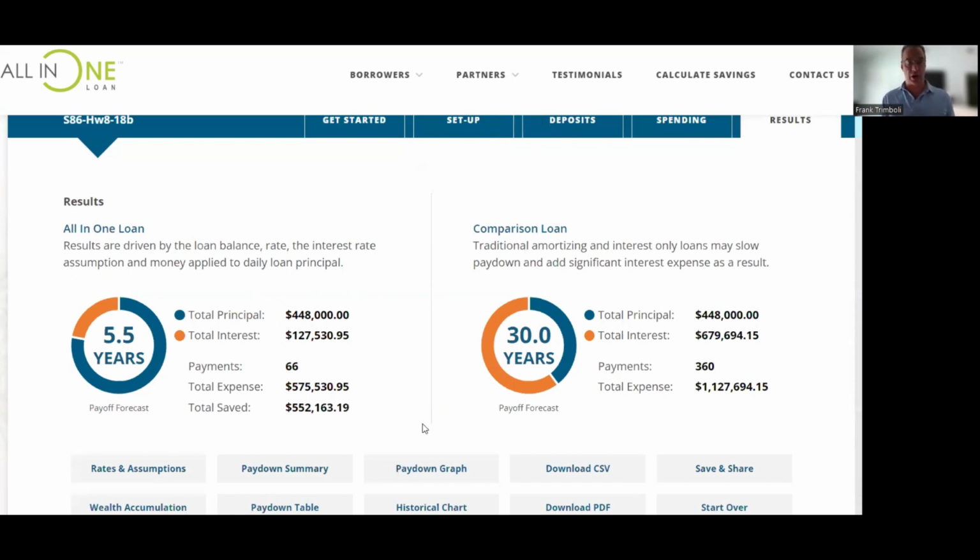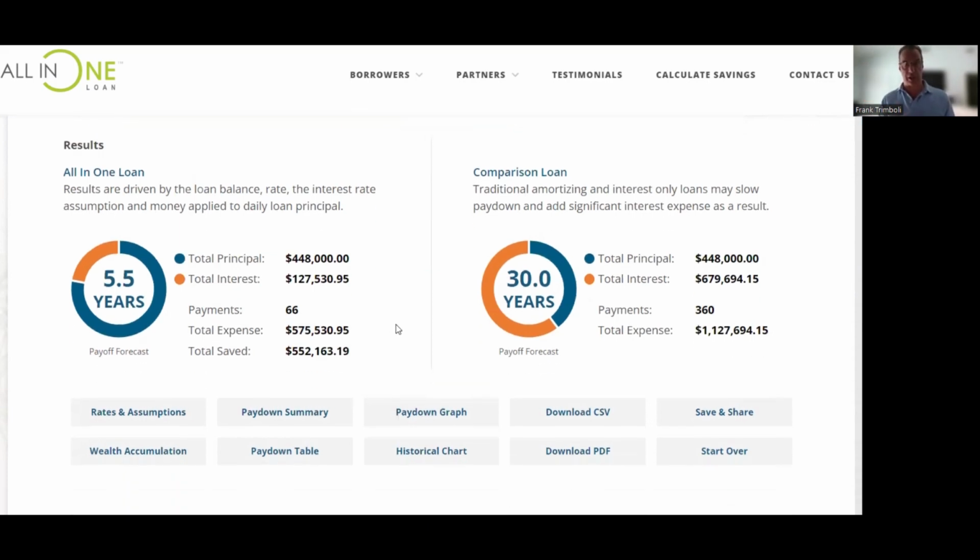To the left, on our All-in-One, the total expenses are more than half of that. The interest paid is $575,000. You pay off your loan in 5.5 years, and you save $552,000 just by doing your normal banking, but doing it with an All-in-One.